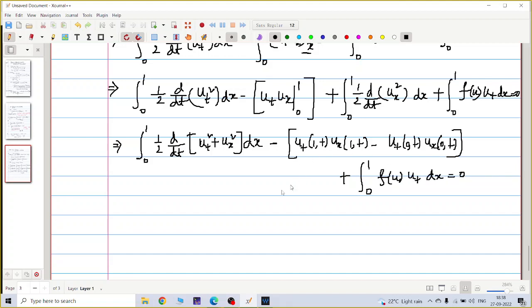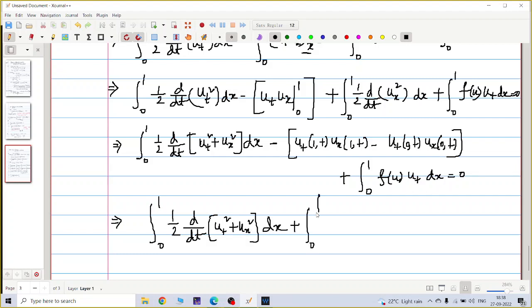So here the term in the square bracket is 0. So I write again integral 0 to 1 half of d/dt of ut square plus ux square dx plus integral 0 to 1 f(u) into ut dx equal to 0. That I got finally.